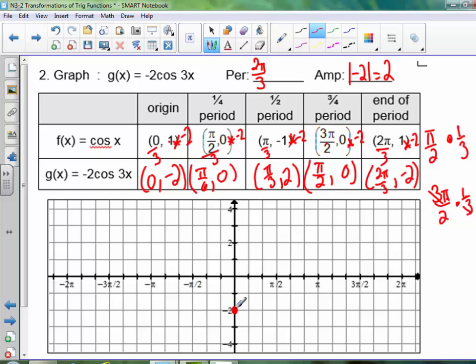So we're at 0, negative 2, pi over 6, 0, pi over 3, because this is 1 pi over 6, 2 pi over 6, which reduces to pi over 3. We're at 2, pi over 2, 0, and 2 pi over 3, which is our next tick mark, at negative 2.